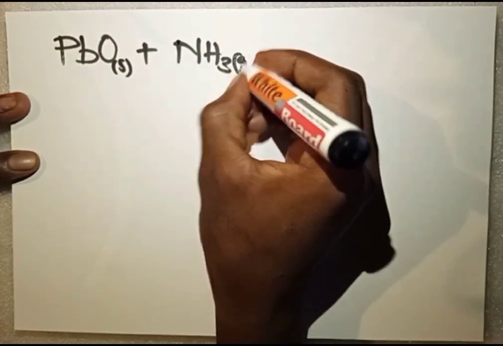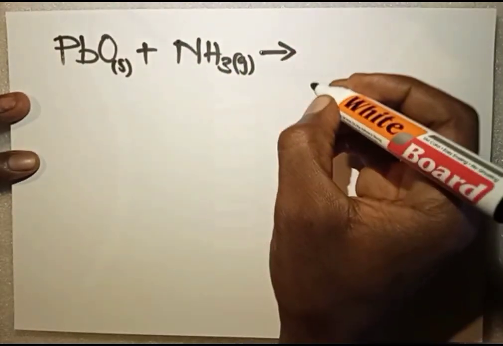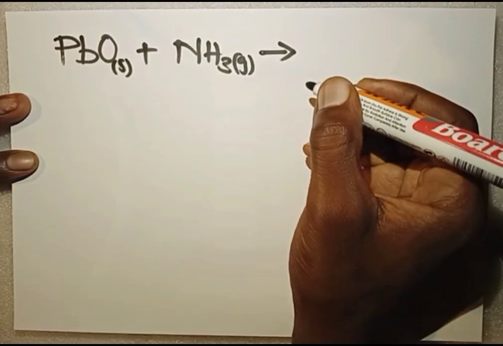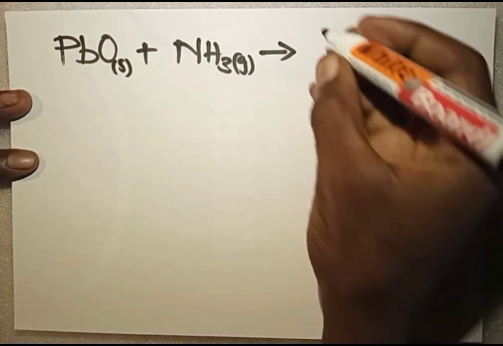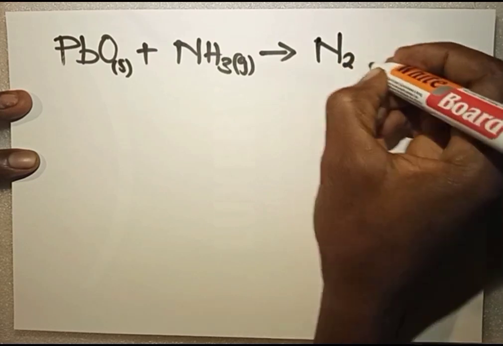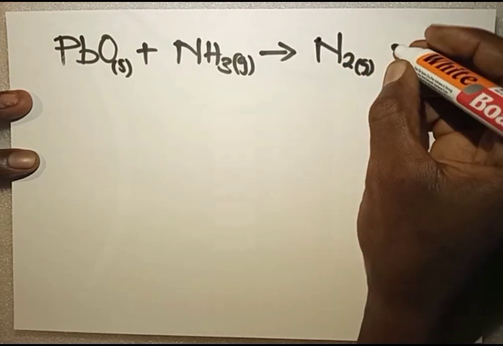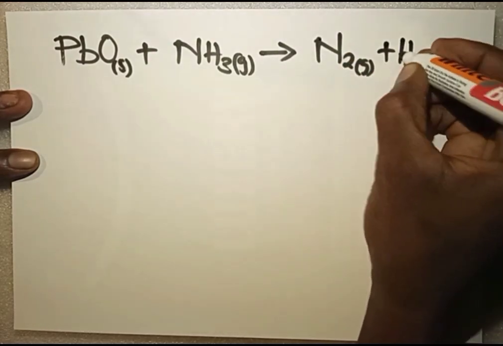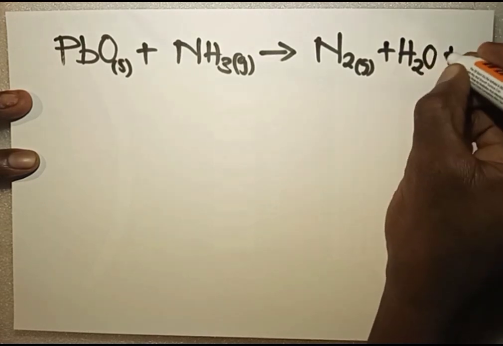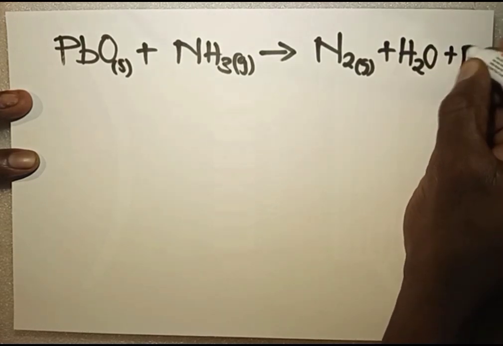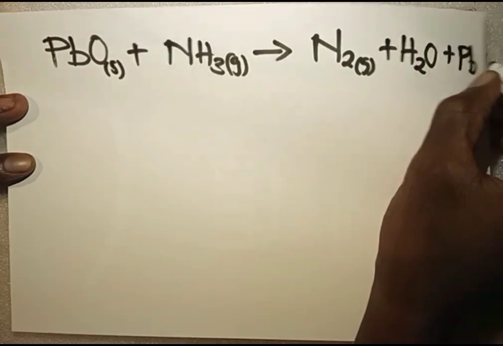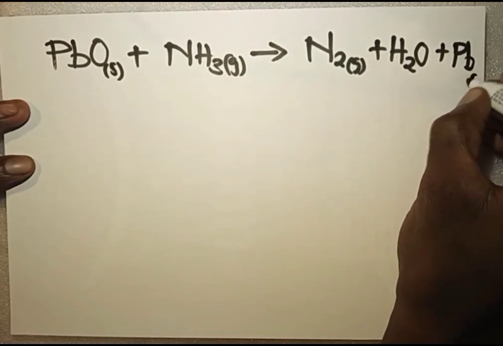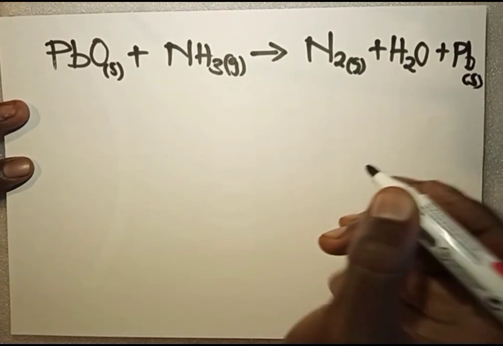Like that. To yield what is produced? Nitrogen gas, liquid water, and lead, solid lead. Okay, wonderful.